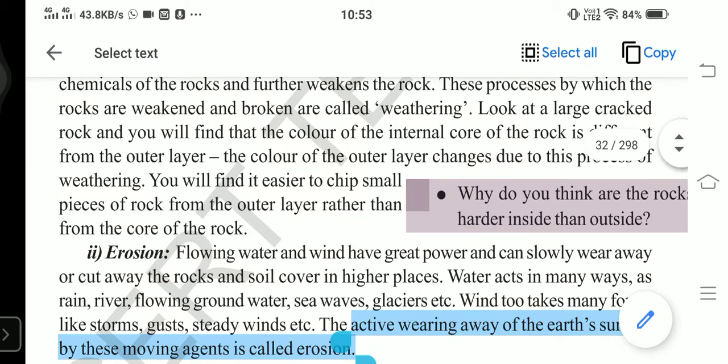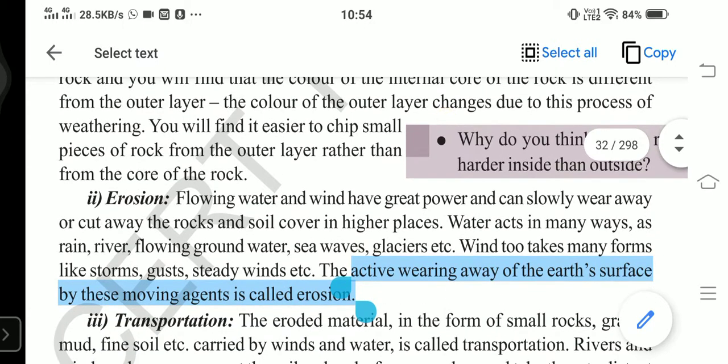The process in which rocks become weak and break is called weathering, right? Please write these definitions in your classwork. What is weathering, what is erosion, and what is the denudation process.